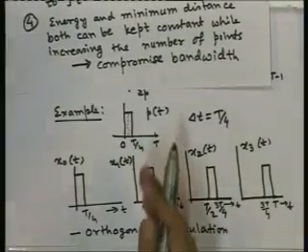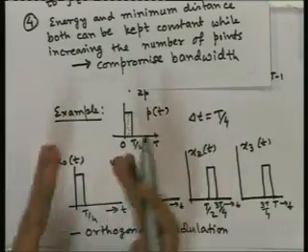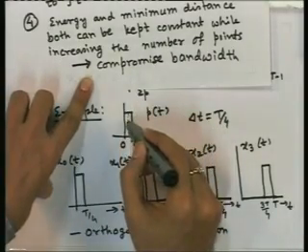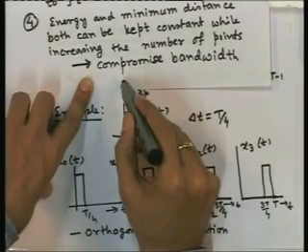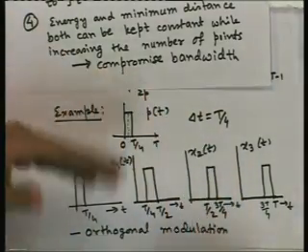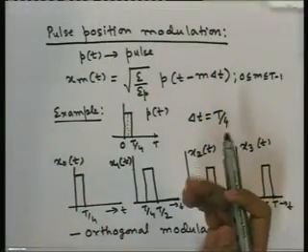As we have seen, we are keeping a narrower pulse, and we can still keep the energy the same by amplifying it. We have to use a bigger amplitude pulse so that its energy remains the same. We can do that, and the minimum distance of the signal set also will remain the same, but the bandwidth will be compromised. Because we are taking a narrower pulse, the bandwidth will increase.